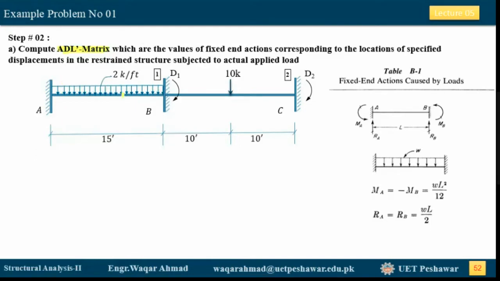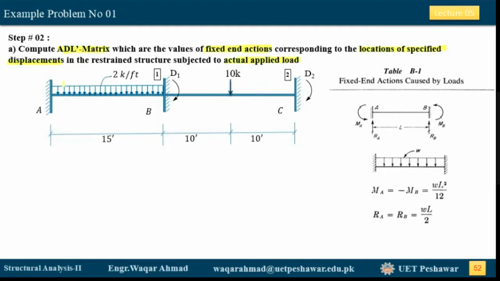So as we know, the A real matrix holds the values of the fixed end actions, and these fixed end actions should correspond to the locations of the specified displacements when the restrained structure is subjected to the actually applied load. Now the actual applied load consists of this 2 kip per foot uniformly distributed load and this 10 kip load.